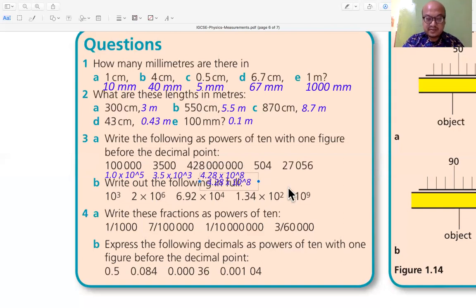Again, what about 504? 5.04 times 10 power 2, that's 2.